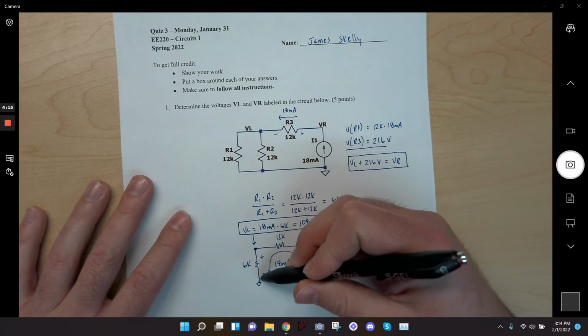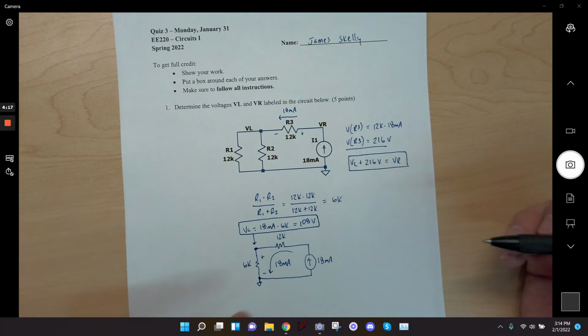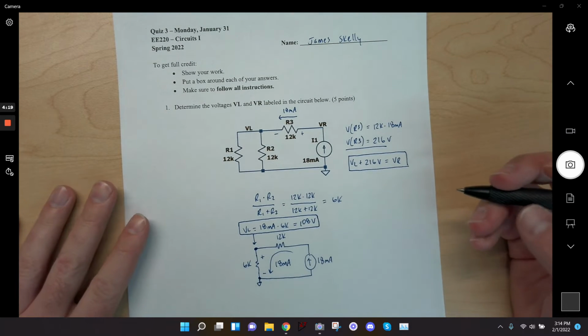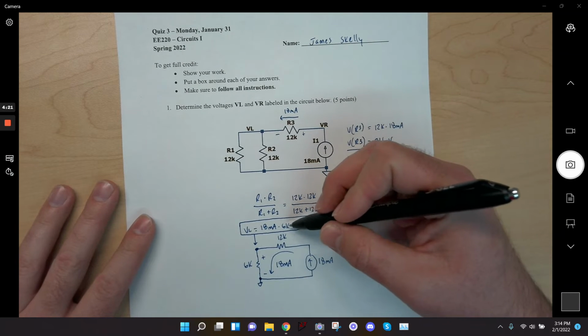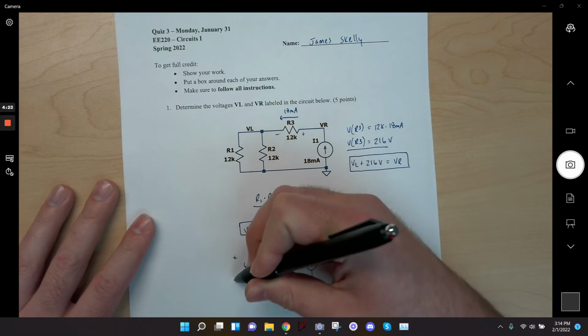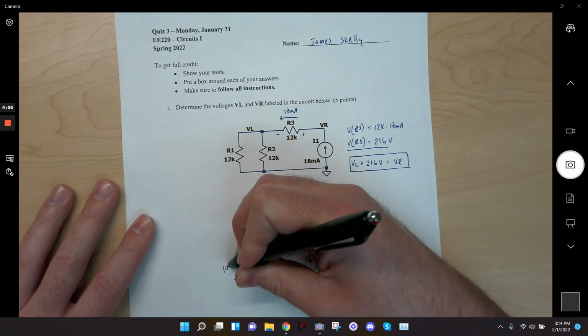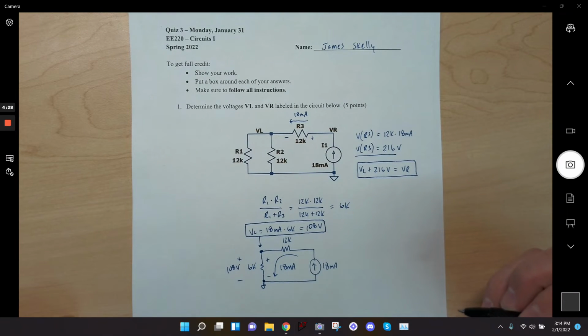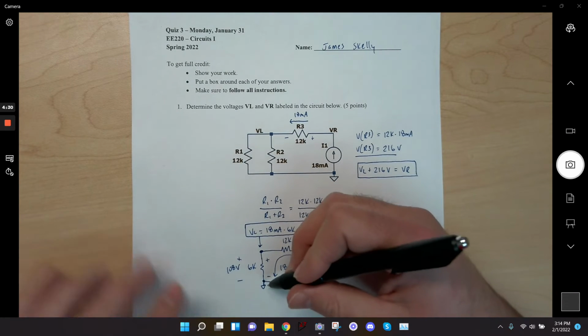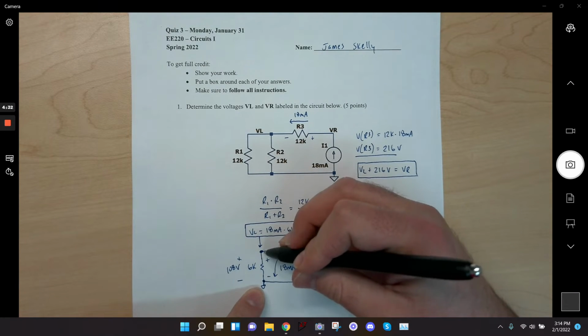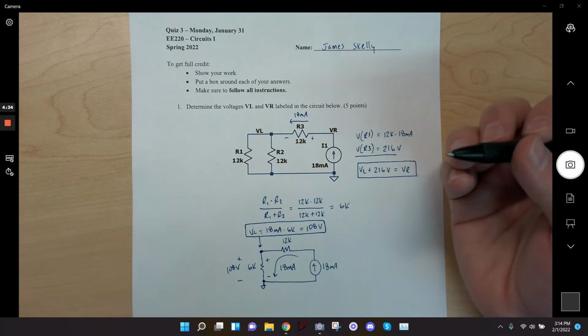And I know that this voltage down here is 0 volts because this is connected to ground. Now, when I take 18 milliamps times 6K, that tells me that the voltage dropped across this resistor is 108 volts. But since I know that this is 0, then I know that this is 108 volts.